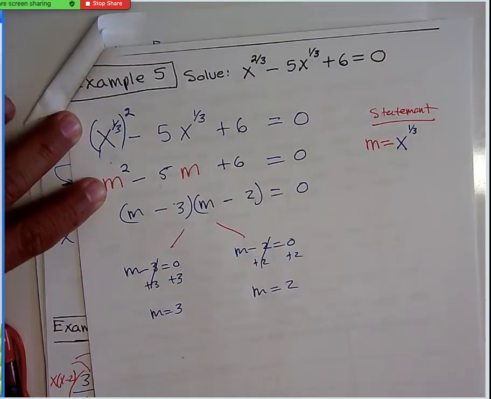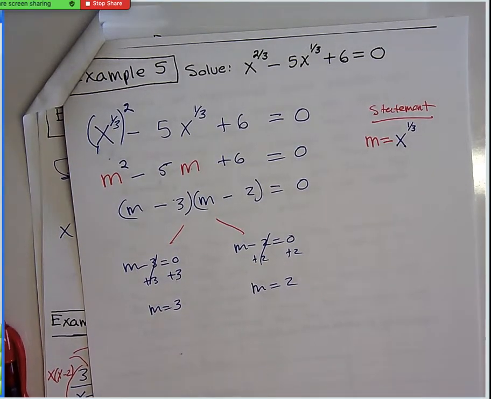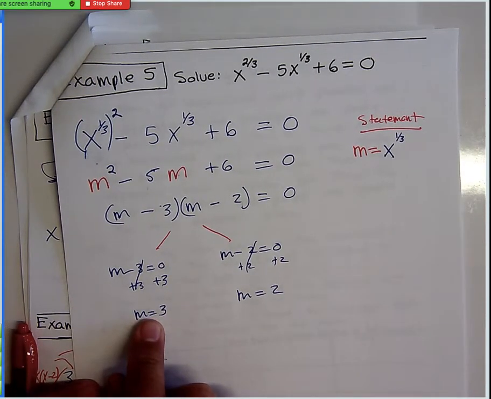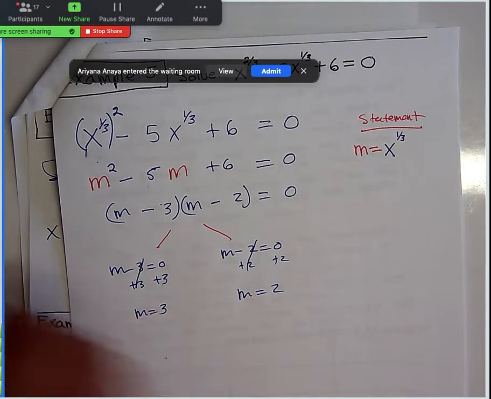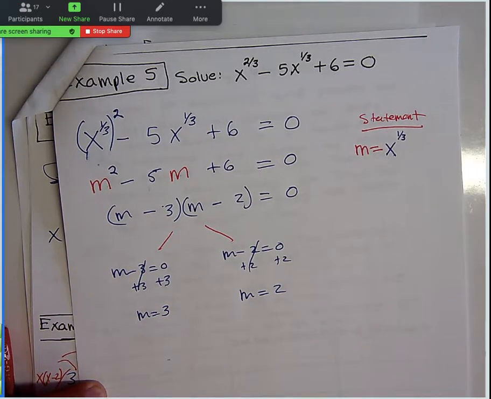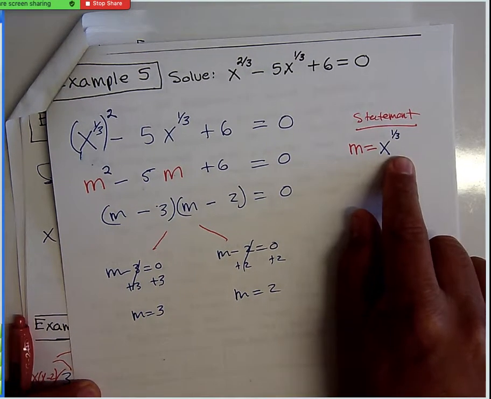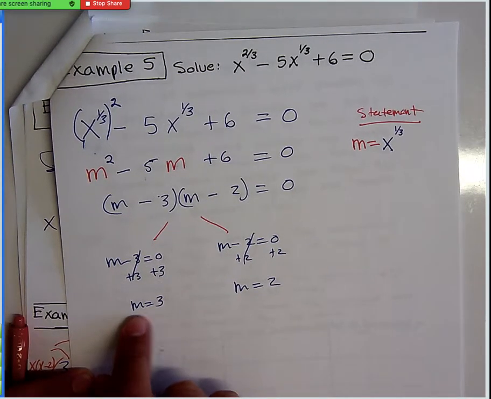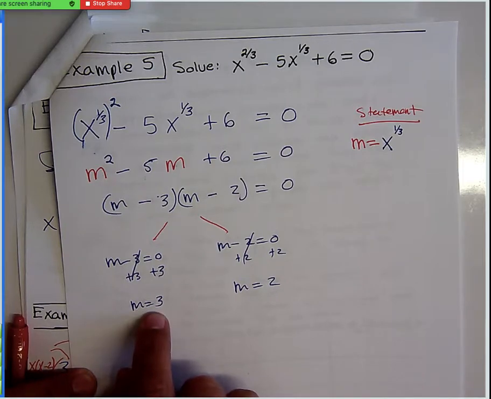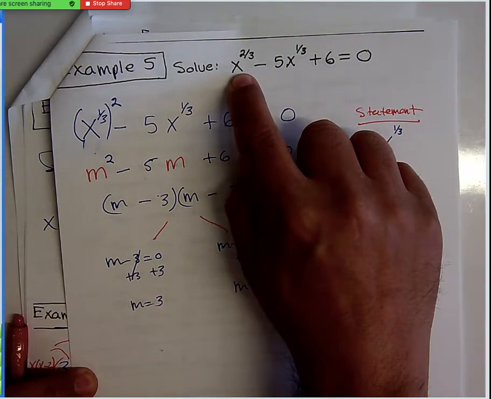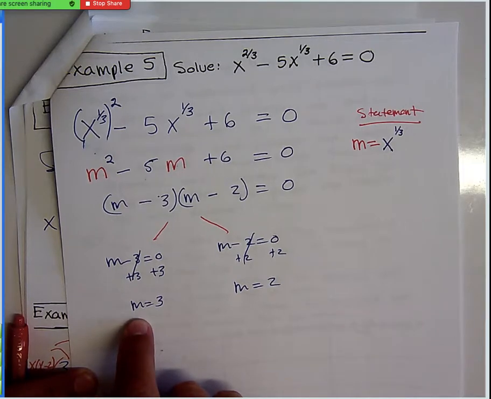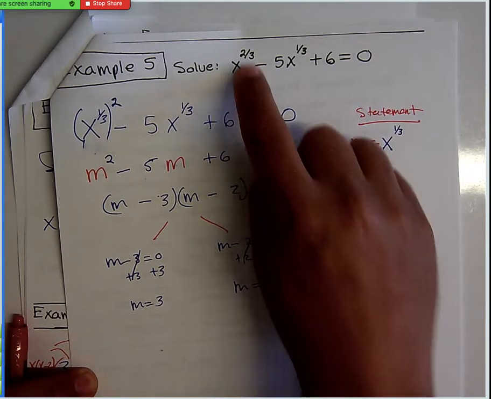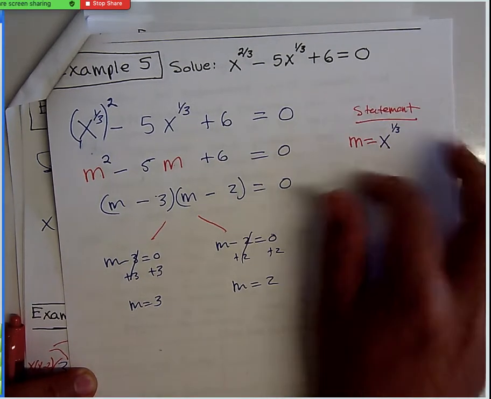And what's the last step? Let me see who was paying attention. Angelina, what's the last step here? Angelina. So looking back to the statement that we made here, how can we find the real answer? Because the original equation has an x. Right now we found M, but M is not the x yet. What can we use to find the answer?